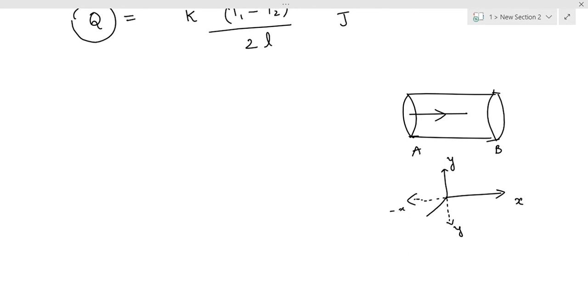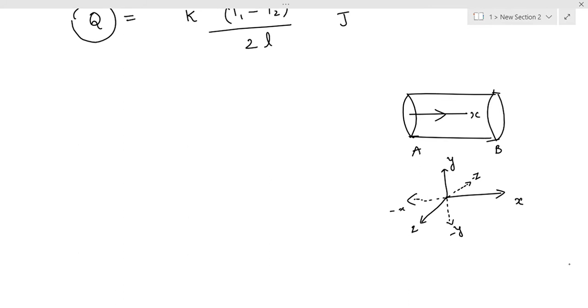Now positive z, negative z. So in this way, we have 6 directions, but the thermally accelerated electrons will move in any one direction. We are taking it as moving along the positive x-axis.